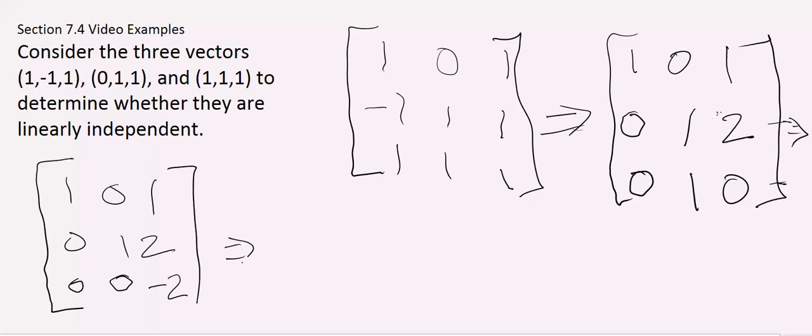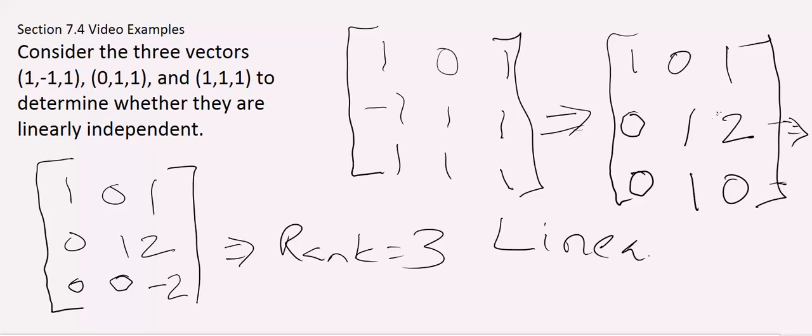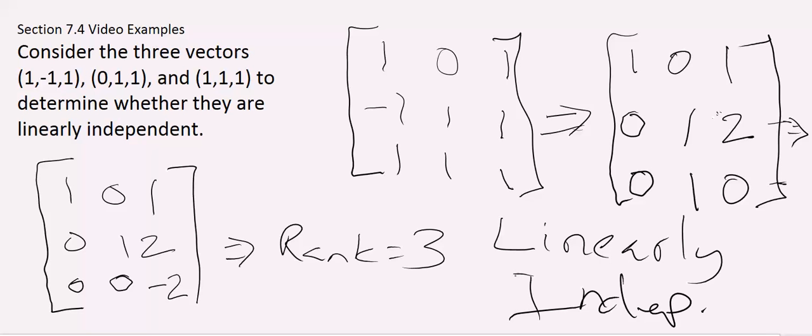Again, that gave me a rank equal 3. Same as we had before. It didn't matter whether we placed those vectors as row vectors or column vectors. We got the same result, and they are linearly independent. So we got the same result there no matter how we approach this problem.